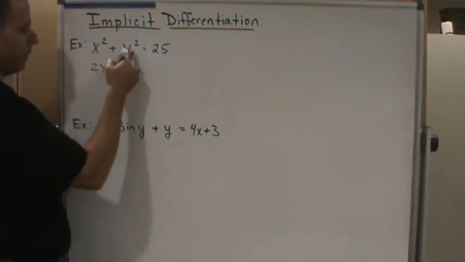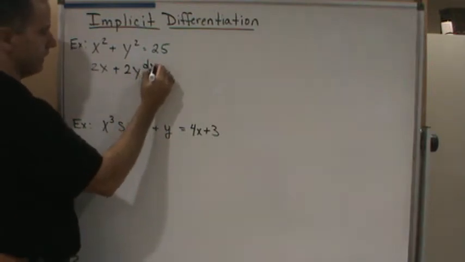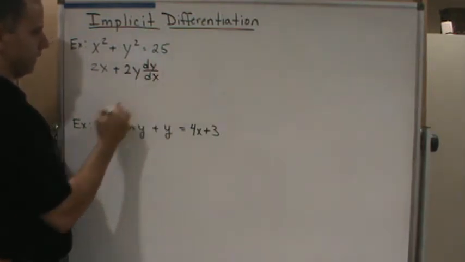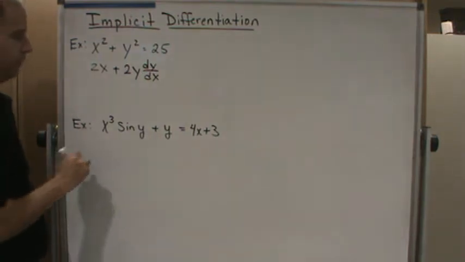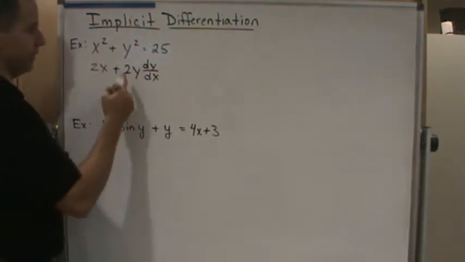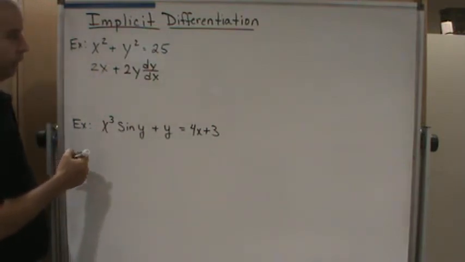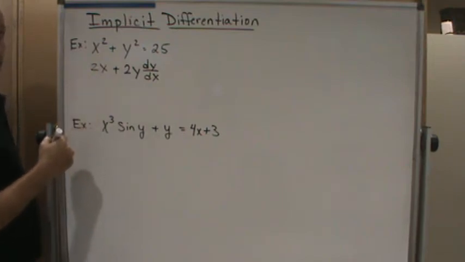Then we take the derivative of the inside, which is y, so we have a dy/dx here. That's where the dy/dx comes from, using the chain rule with y squared, because remember, this is an unknown function of x. So we can't just write 2y.